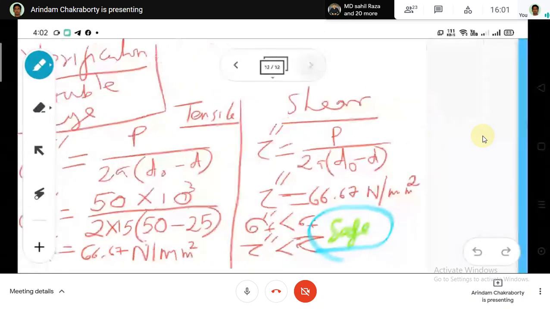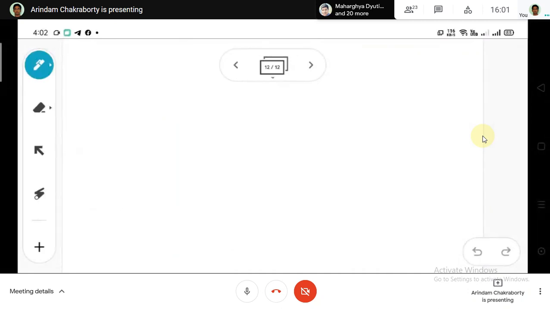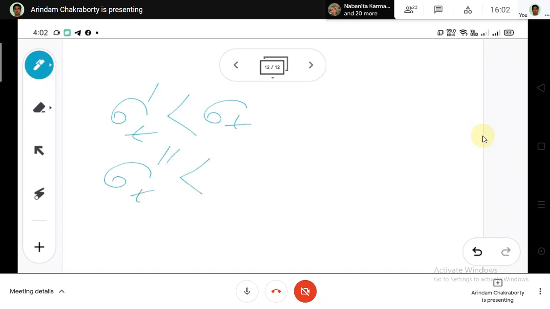Let me explain it in a simple manner, just try to understand. Sigma dash T should be less than sigma T, as well as sigma double dash T should be less than sigma T. The same goes for tau dash, which should be less than tau, and tau double dash, which should be less than tau.